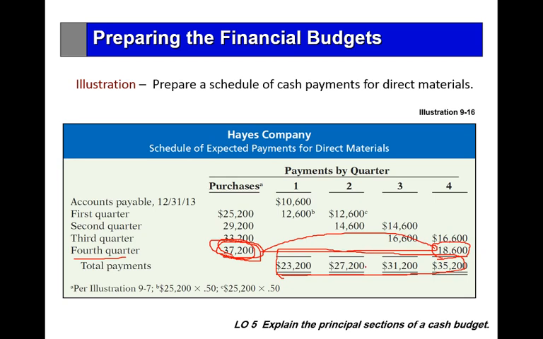Then 37,200 minus 18,600 equals 18,600, which is the balance of the accounts payable at the end of 2014, the end of the fourth quarter, 31st of December.